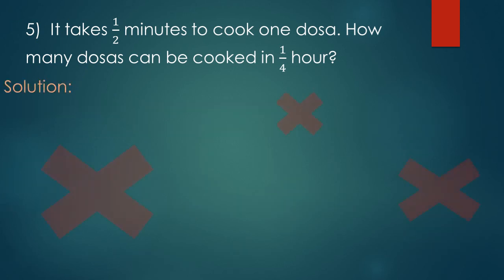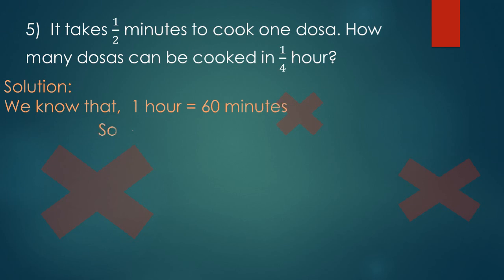So write down the solution. See, in this question, time is given in minutes and hours both. So the first important step is to make the units the same. Here we are converting hours into minutes. We know that 1 hour is equal to 60 minutes. So 1 upon 4 hour is equal to 1 upon 4 multiplied by 60, which is equal to 15 minutes, because 60 divided by 4 is equal to 15.